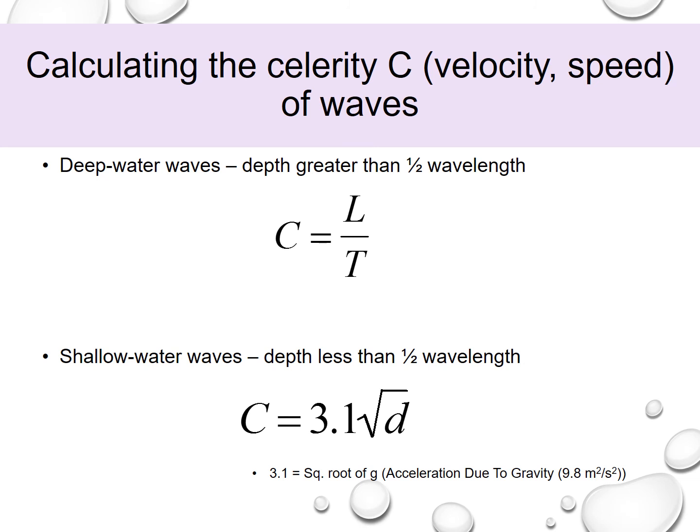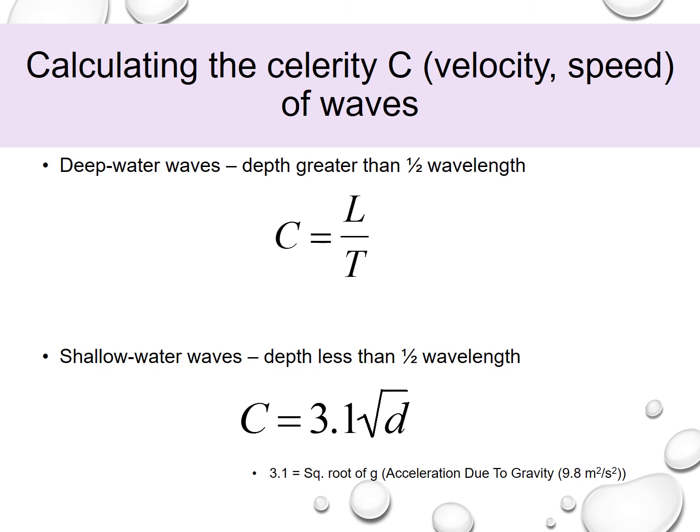And you can see that the c and the L are proportional. So the longer the wavelength is, the faster the wave is going to be traveling. And these are deep water waves, where the depth is greater than half the wavelength. So this wave does not feel the bottom of the ocean, so there is no friction.